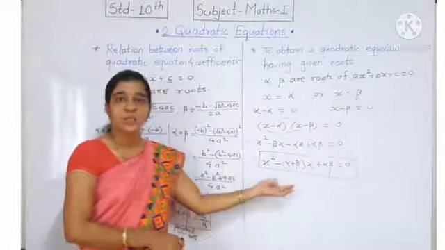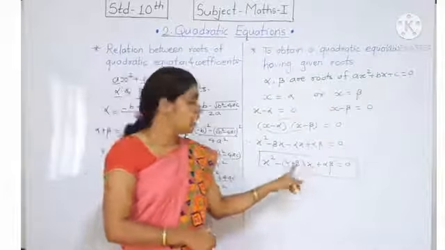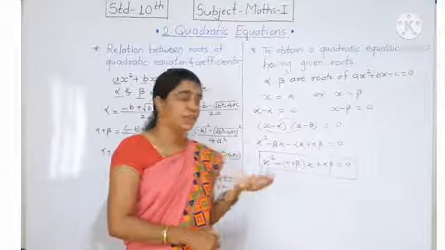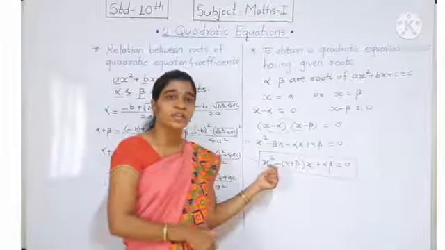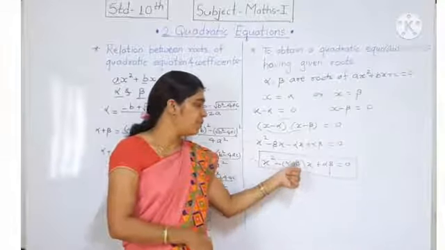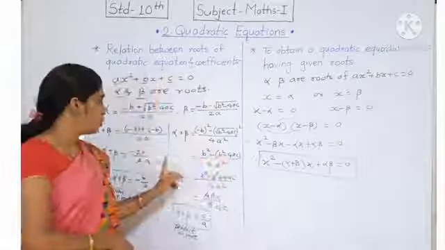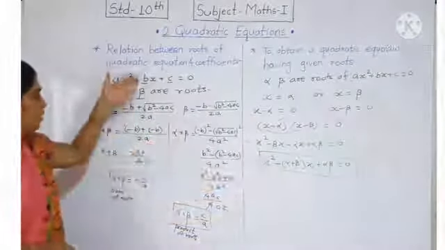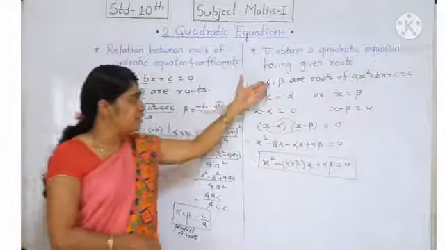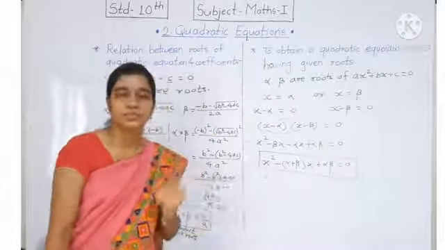This is the formation of a quadratic equation by using roots. Here alpha and beta are the given roots. Then how to form the quadratic equation? By using this formula, x square minus alpha plus beta into x plus alpha beta is equal to 0. You remember both of these: this is the relation, and this is the formation of a quadratic equation given the roots.